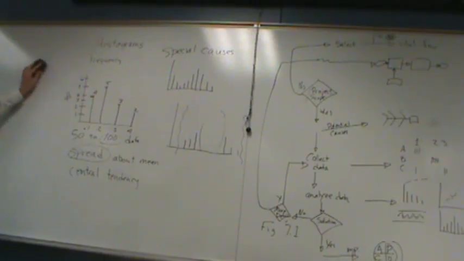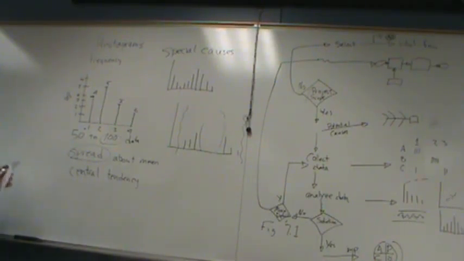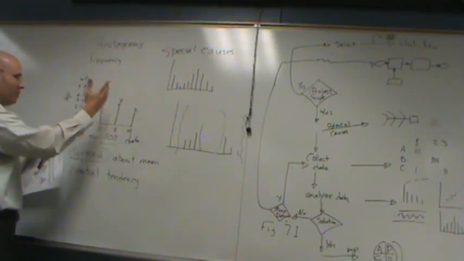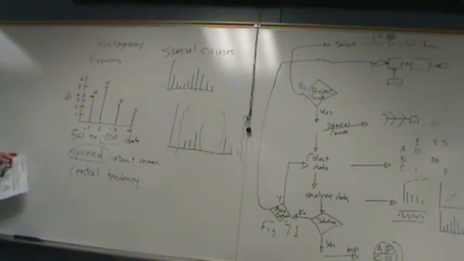All right, so histograms are a powerful tool to communicate spread about the mean and central tendency, and I think they're almost more valuable than showing X bar and the standard deviation. Does that make sense? I've had great success at multiple places I've worked where I show the histogram and then I show the specification limits as we have them on our drawings.